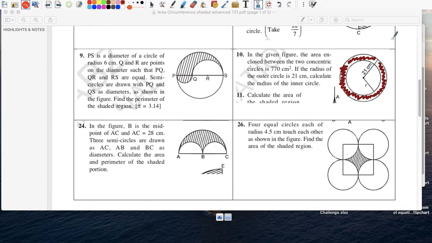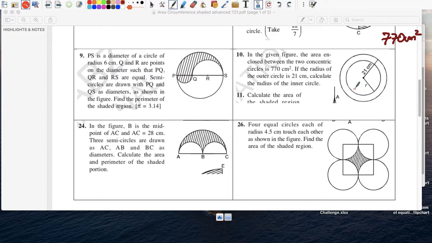Imagine you had a red piece of paper and you punched a big hole in the middle. Whatever red is left over, that area is 770 centimeters squared. The radius of the outer circle, as shown in the picture, is 21 centimeters. Calculate the area of the inner circle.